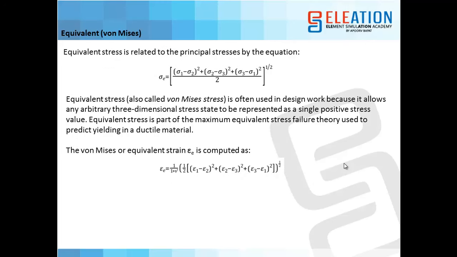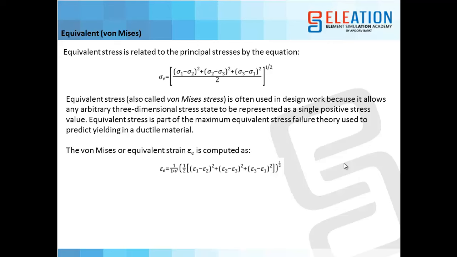Then we see von Mises stresses as the output for static structural analysis. Equivalent stress is related to the principal stresses by this equation. Equivalent stresses, also called von Mises stresses, are often used in design work because they allow any arbitrary three-dimensional stress state to be represented as a single positive stress value.